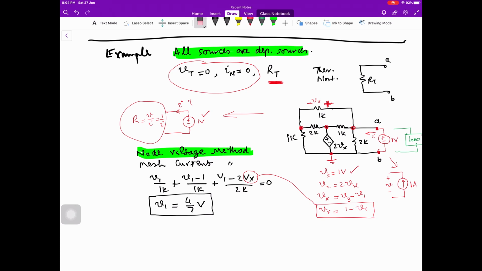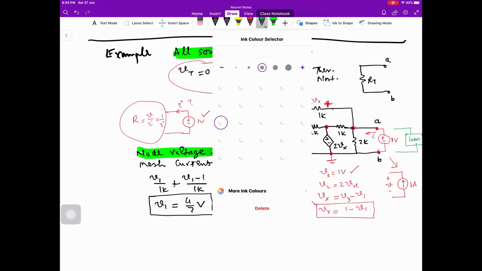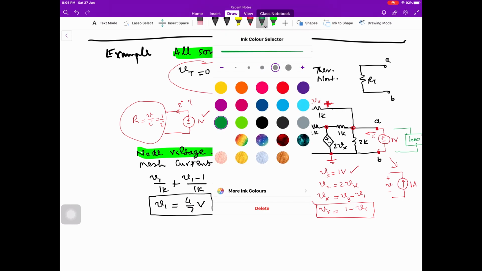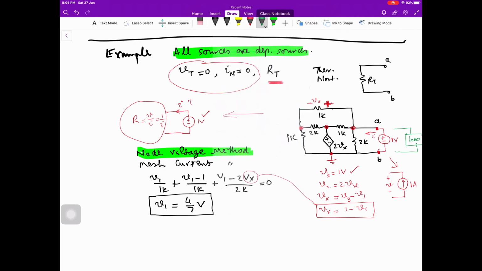Now look at the circuit diagram again. What is this current? This current is I. So this I is equal to the current flowing through this. And what is this current? This is 1 volt divided by 2K. The current flowing in this direction plus this is equal to (1 minus 2Vx) divided by 1K.